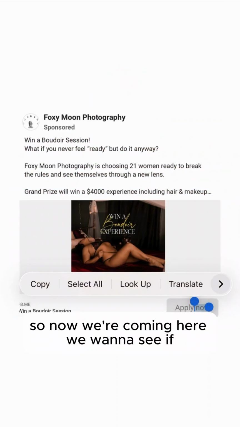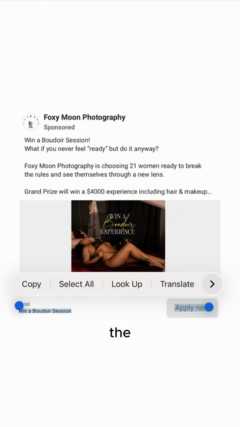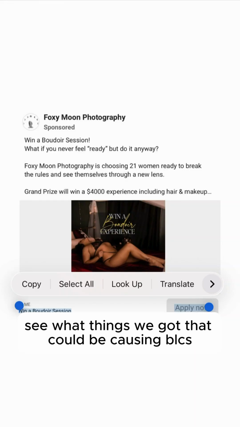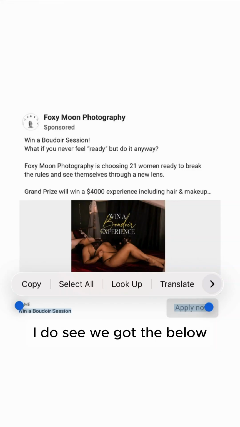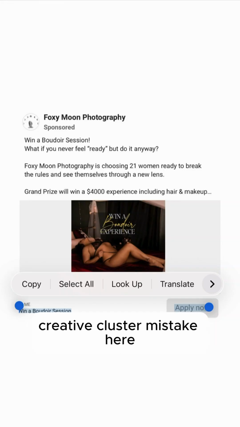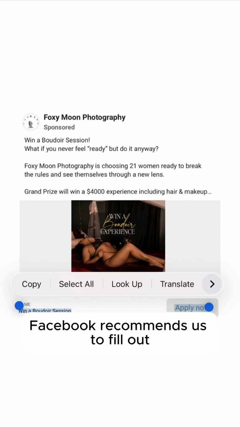So now we're coming here. We want to see the checkout, see what things we got that could be causing BLCS, if any. So I do see we got the below creative cluster mistake here. This is filling out all the things Facebook recommends us to fill out.